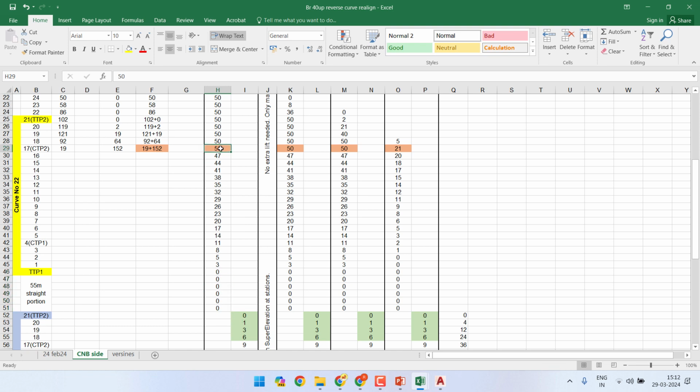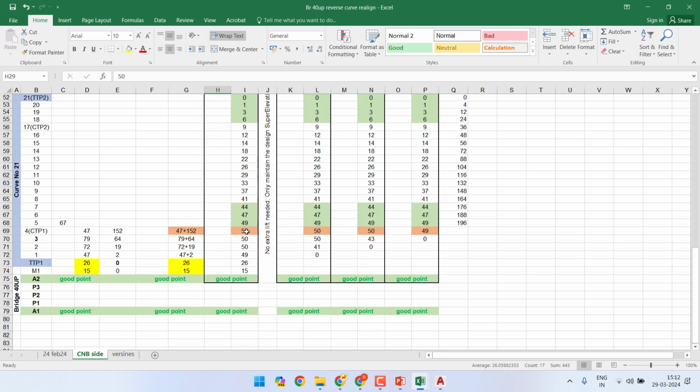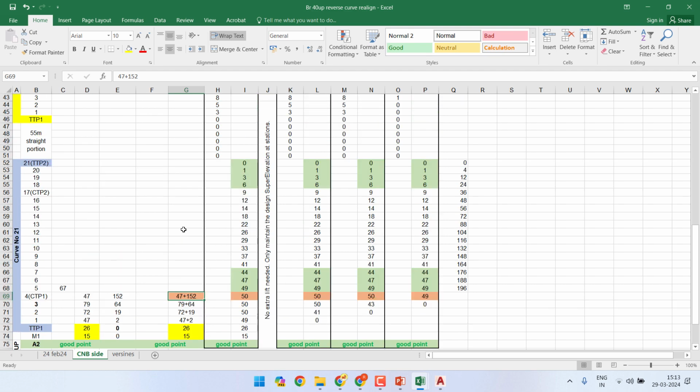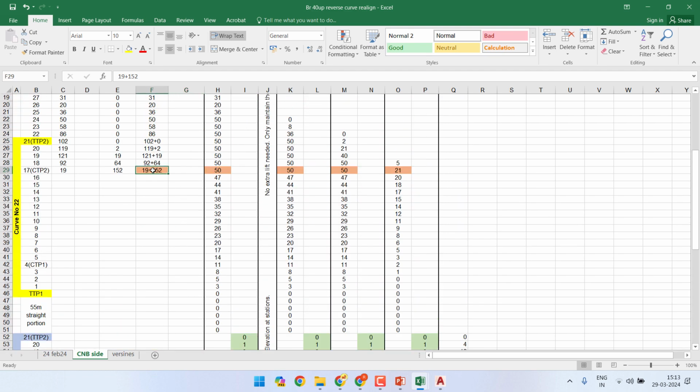So this value 50 at station number 17 was decreased to 0 at station number 1, that is 170 meter behind, gradually reduced. Likewise here also this value 50, we used 50 as the maximum slew because a tamping machine can effect only 50 millimeters. Although overall slew required here was 199 millimeters and here 171 millimeters, for first round of tamping we will go only up to 50.